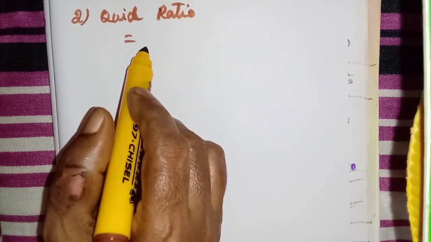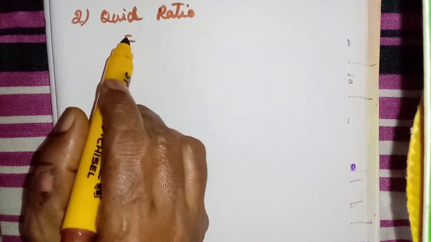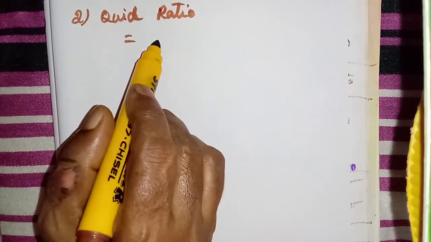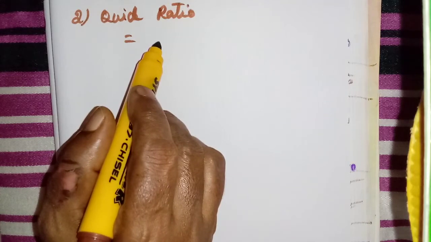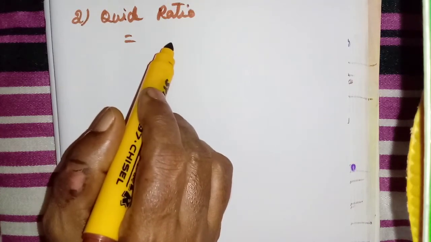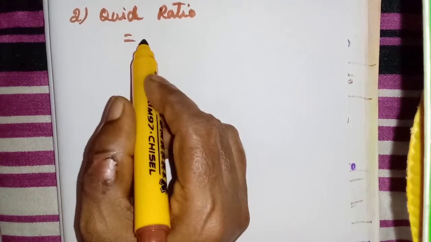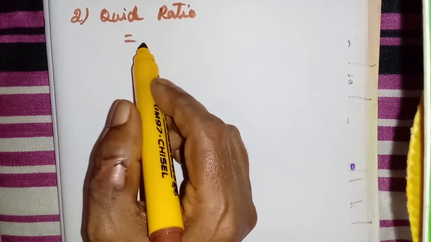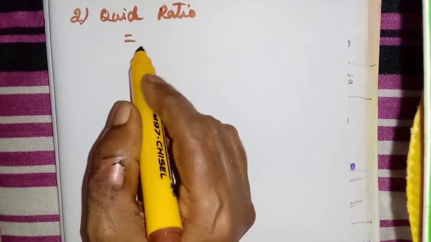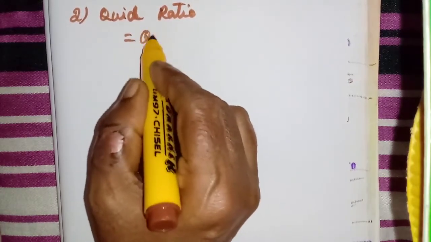Here in the current assets we need to exclude two items: inventories and prepaid expenses. So the formula is quick assets divided by current liabilities.